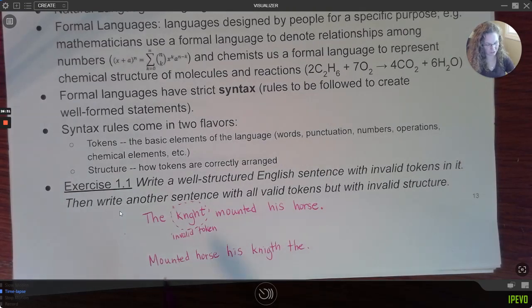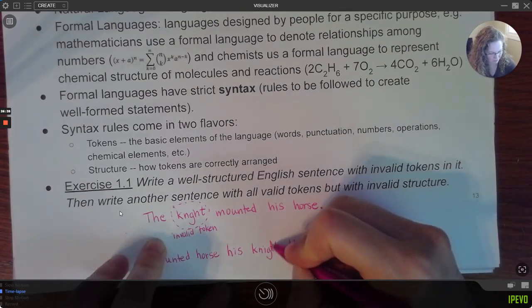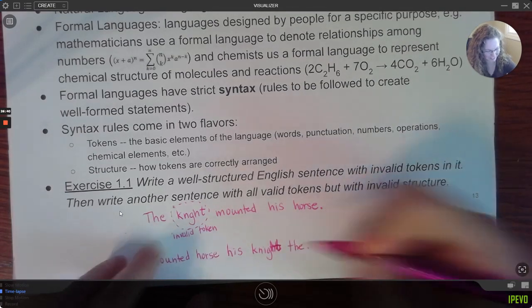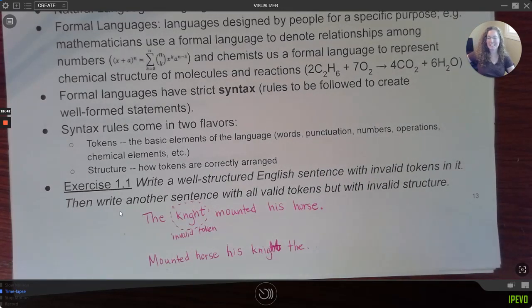Every single one of these words is a completely legal token in English, but the structure is all wrong.